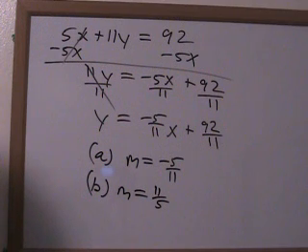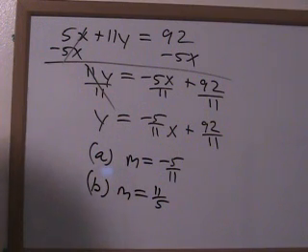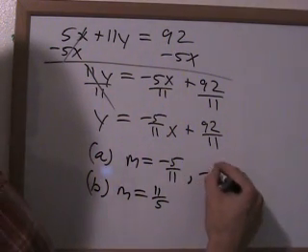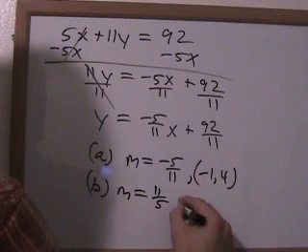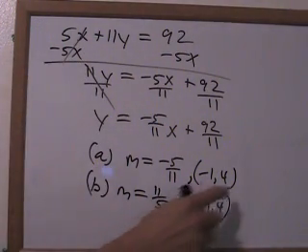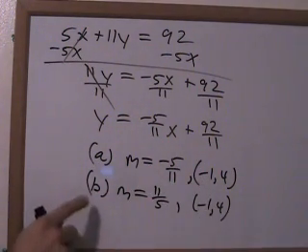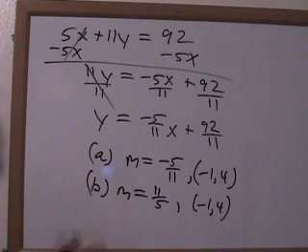The point they give us is negative 1, 4, and for both parts A and B we're going to use that point. For part A, this is my slope and this is my point. For part B, this is my slope and this is my point. Now I have to actually build my equation so we can finish this problem.